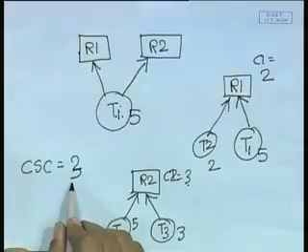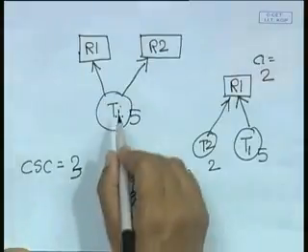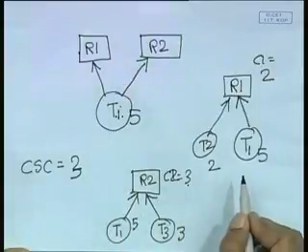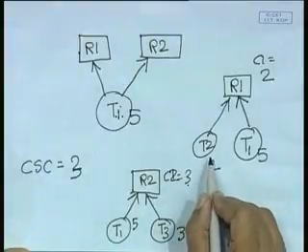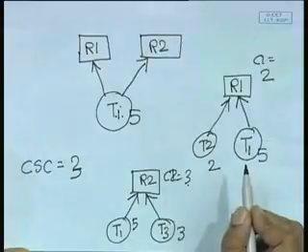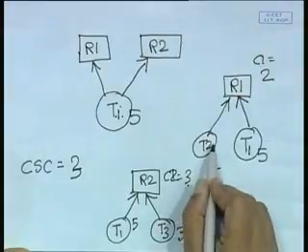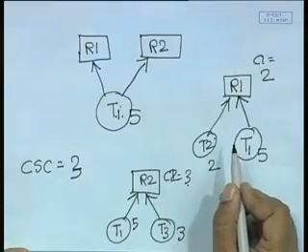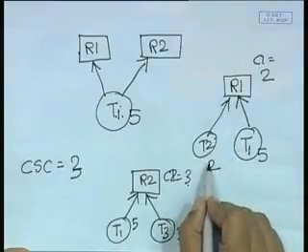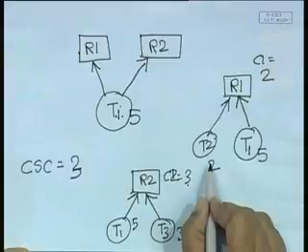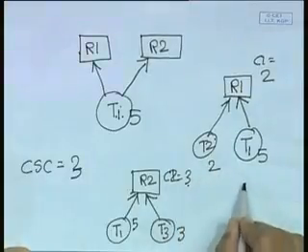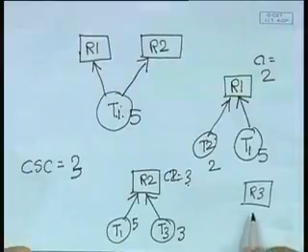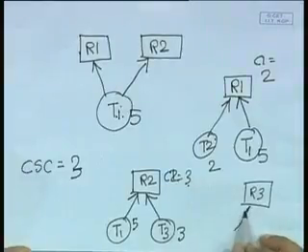The CSC is not a consequence for T1, but let us say we have the task T2, and let us say another task, let me just give R3, which is being used by T5.